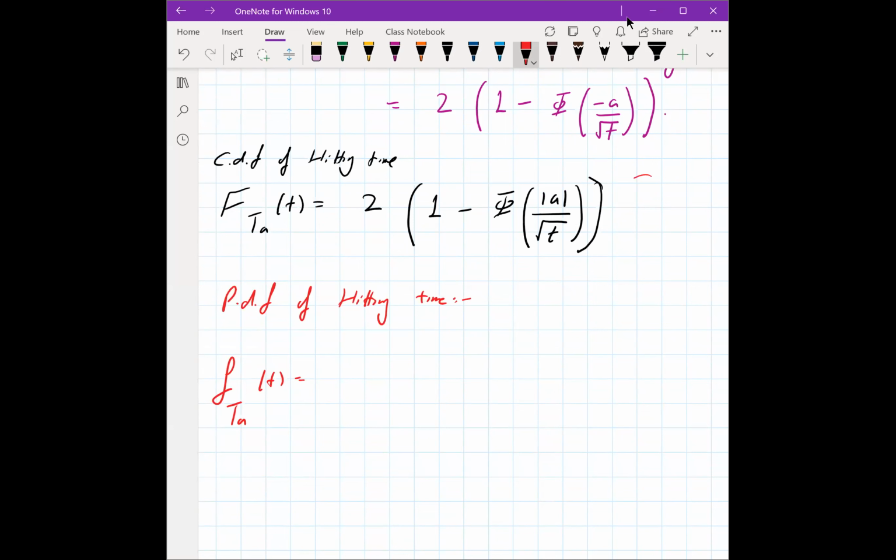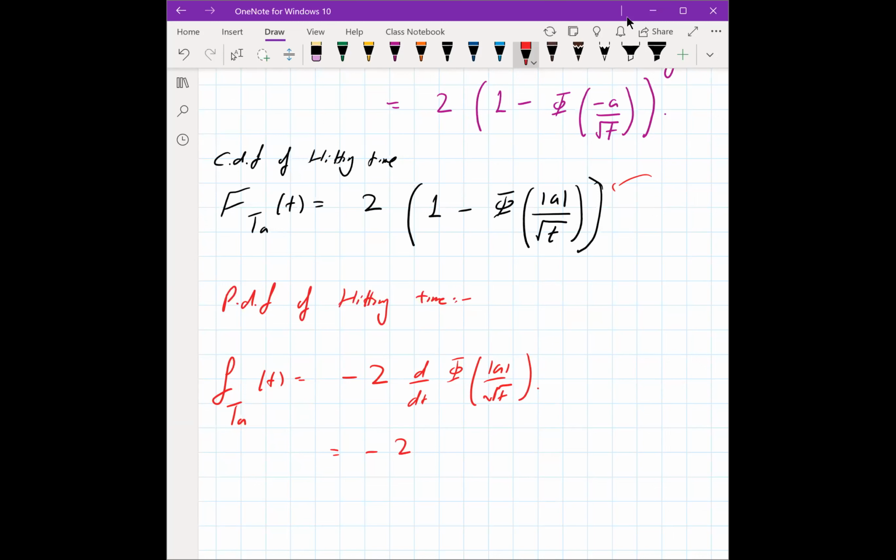So when you differentiate this, you get minus 2 times the derivative of phi of a over root t.